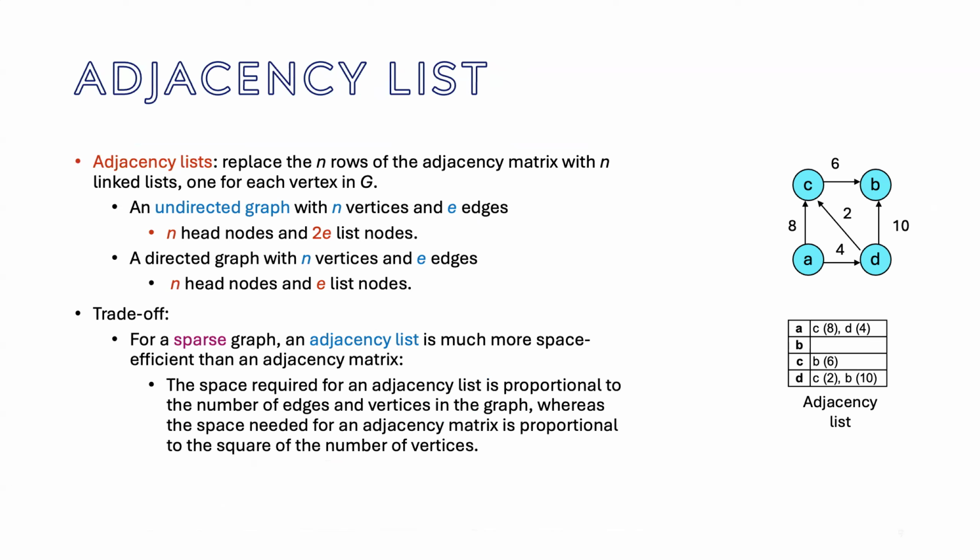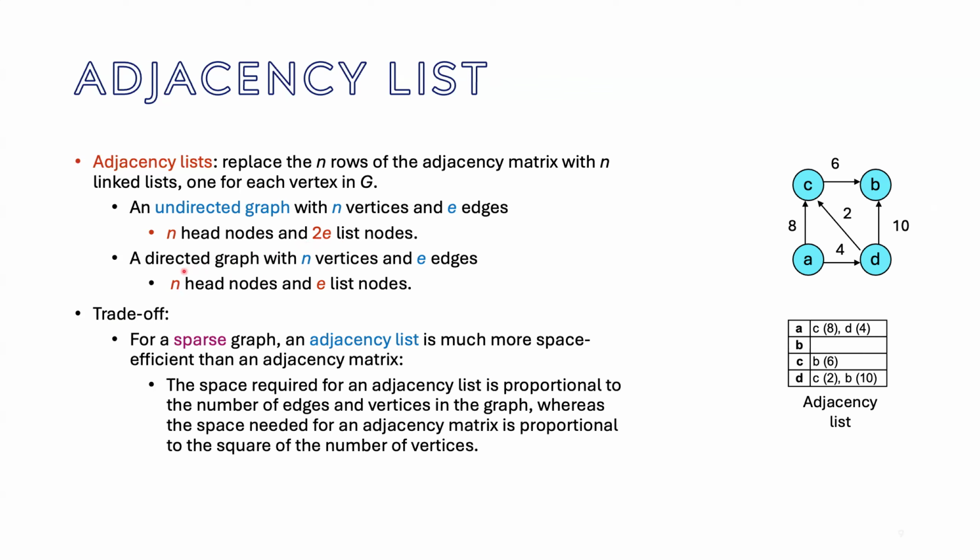This is an adjacency list. First, let's replace the n rows of the adjacency matrix with n linked lists, one for each vertex in the graph G. So for an undirected graph with n vertices and e edges, we have n head nodes and 2e list nodes, right?